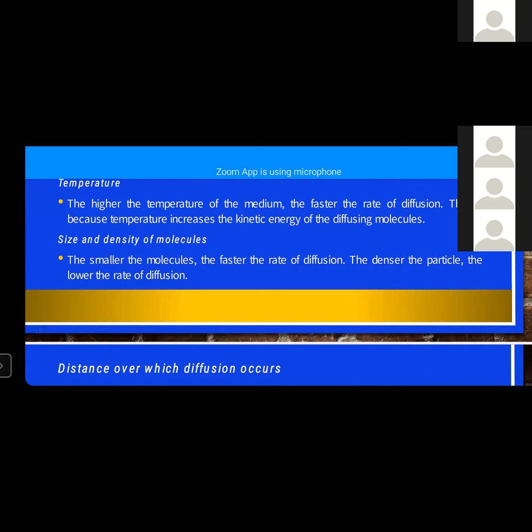Okay, distance over which diffusion occurs. If the distance is short and if the distance is wide, where do you experience a faster rate of diffusion? How does distance affect the rate of diffusion?